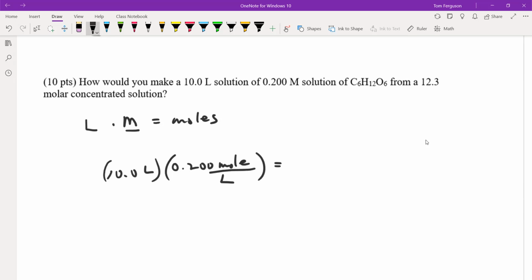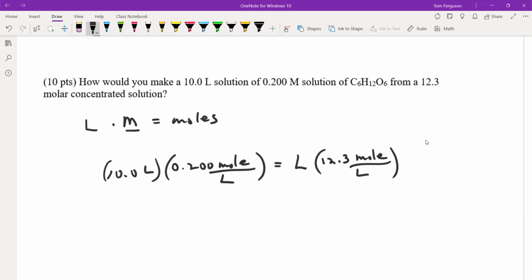And again, that's the moles in the diluted one. And that's the same as the moles in the concentrated one. But we don't know the volume of the concentrated one. So it's a simple algebraic equation.